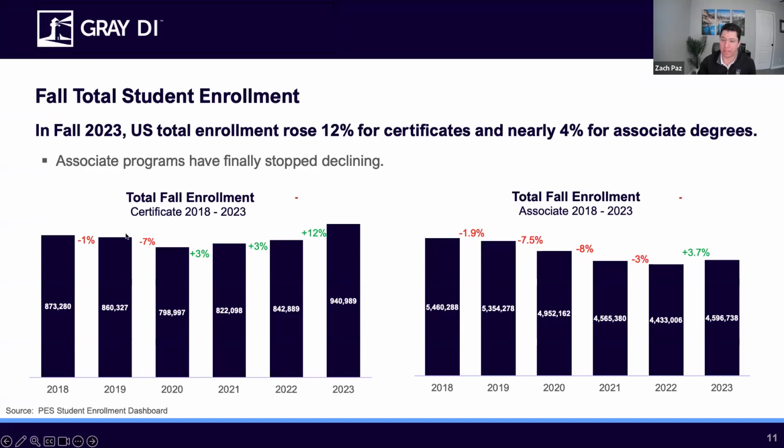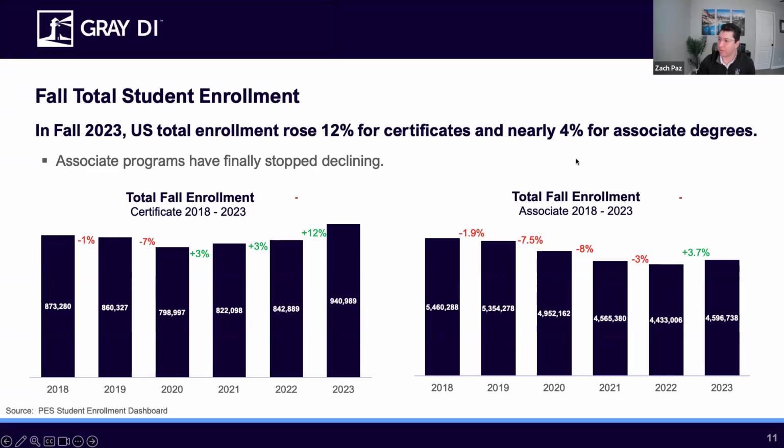Since we saw a decline in 2020, we have since seen a gradual increase: 3% in 2021, 3% in 2022, and we're up to 12% in 2023. So certificates, which are undergraduate certificates, one year or two year, that don't require any bachelor's degree or anything like that, are actually up 12%. From a long-term perspective, you can see it's in a pretty nice trend.